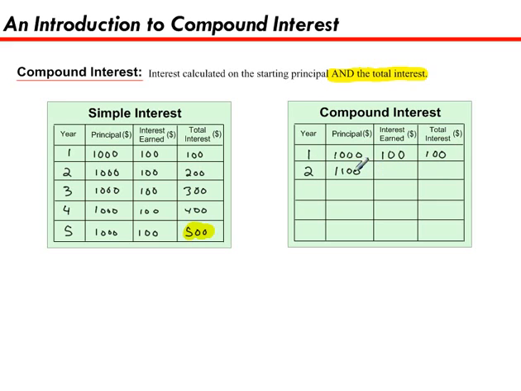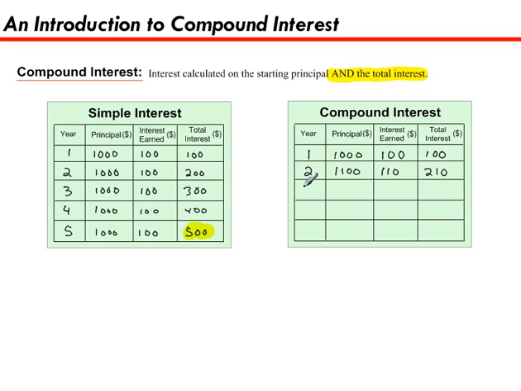So at the end of the second year, when it comes time to calculate the new interest earned, they're going to look at this number, the slightly larger principal, and they'll take 10% of that. So you've earned more interest. So after 2 years, the total interest earned will be 100 plus 110 for $210. Now again, they'll keep this interest earned, and instead of sending it to you, they'll put it back into the account.